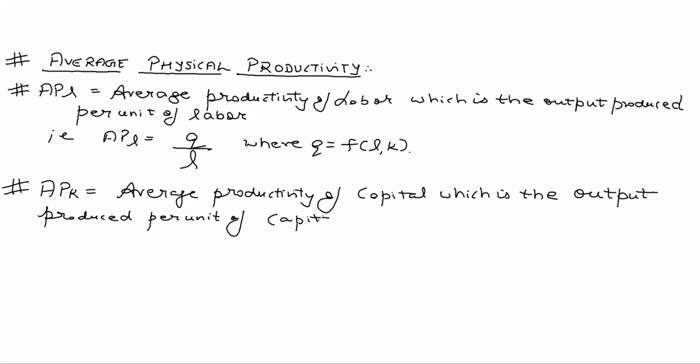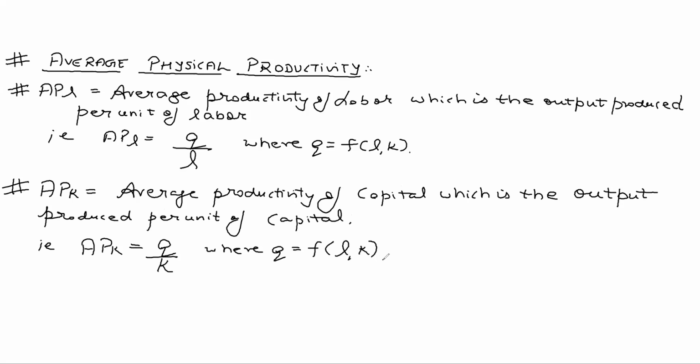Output produced per unit of capital. So that is, my APK will be Q by K, where again my Q is a function of labor and capital.